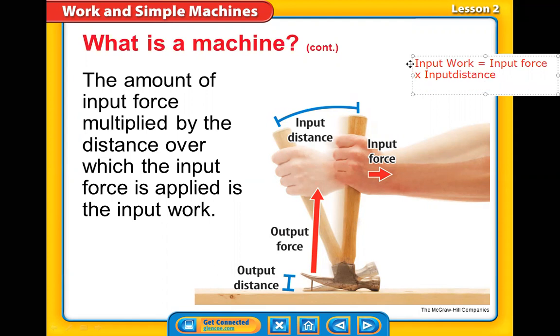And the output work equals the output force multiplied by the output distance.